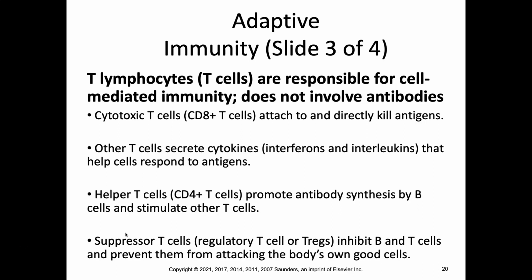They can secrete cytokines that help respond to antigens. They can promote the synthesis by B cells and other T cells, and they also can help them from attacking the body's own good cells.